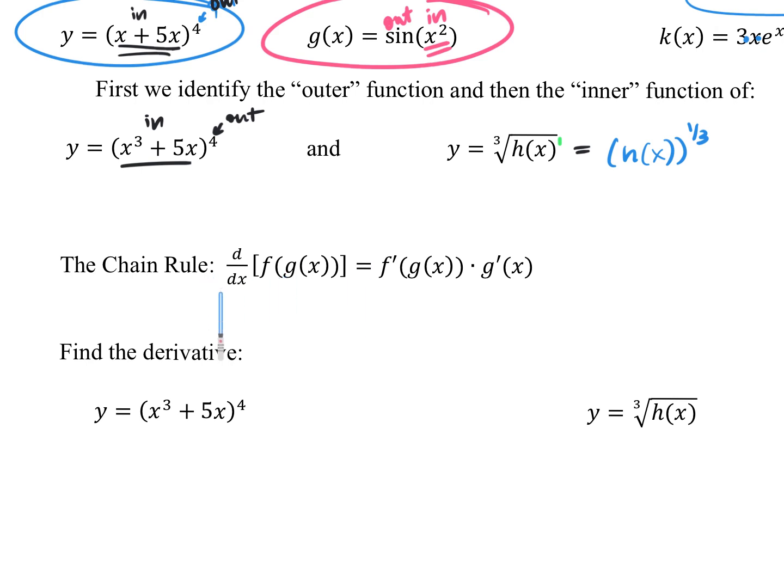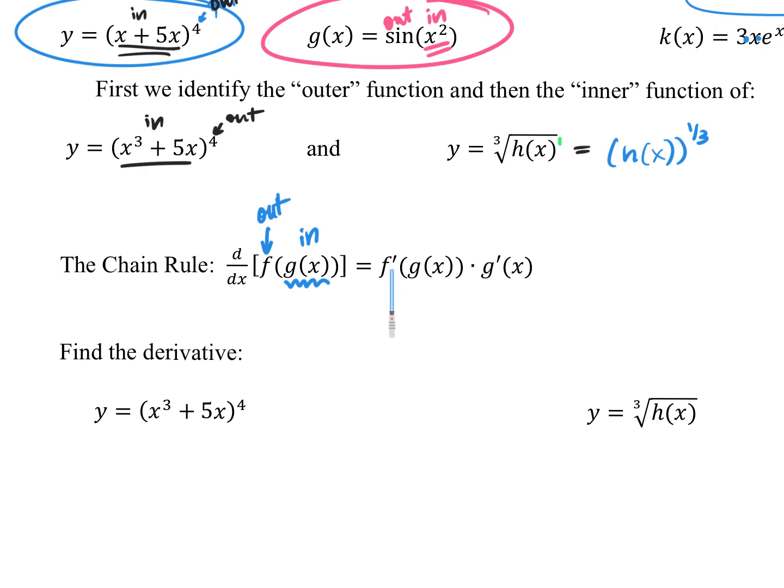Here's what I want us to see, and then we're going to get some chocolate on our hands. If something's given to us like this, which one of these is the outer and the inner? F is the outer. You guys go ahead and put that. Boom. F is the outer. What's G? That's the inner. How do I apply this chain rule?